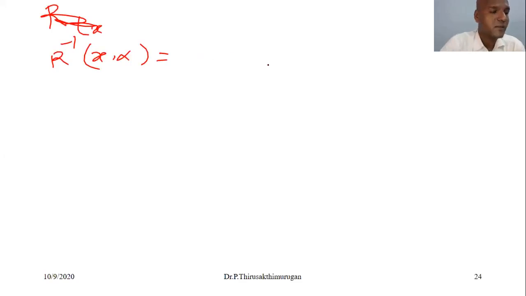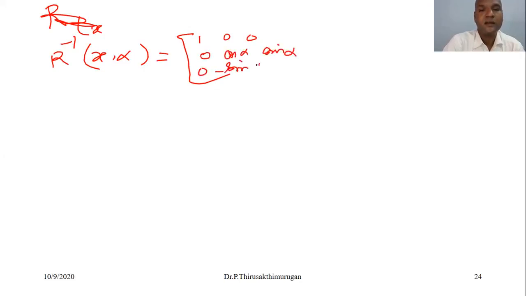R inverse of x comma alpha is 1 0 0, 0 cos alpha sin alpha, 0 minus sin alpha cos alpha, right?